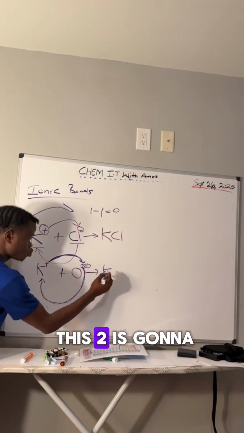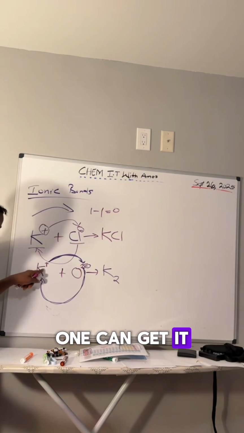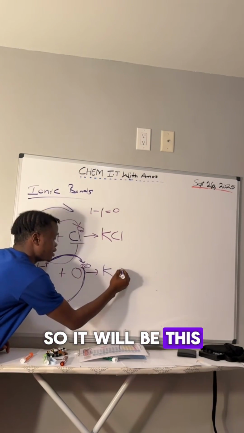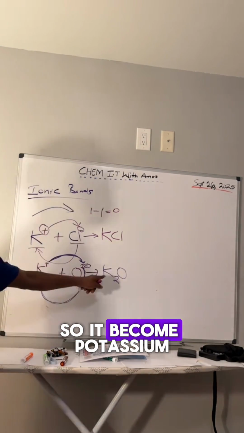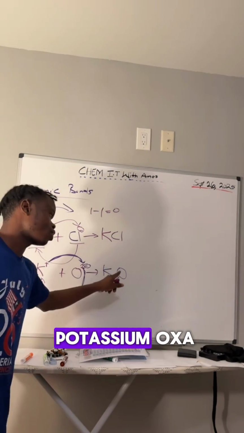So this 2 is going to be hanging right here. Then this positive 1, K gives it to O, which accepts. So it's just 1 O. So it becomes potassium oxide.